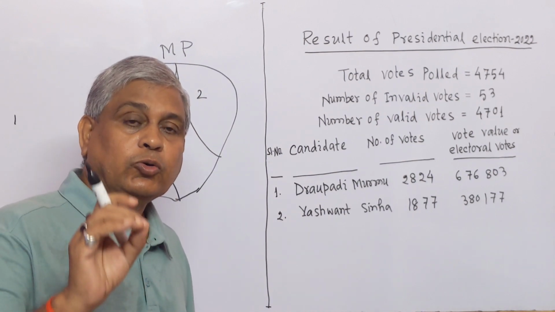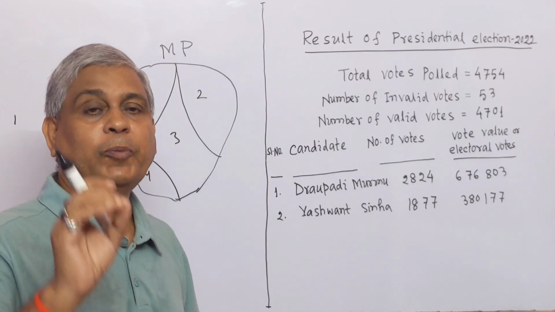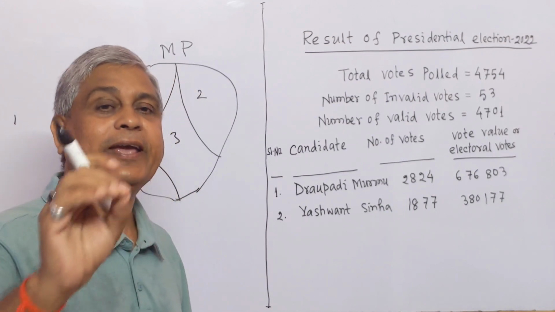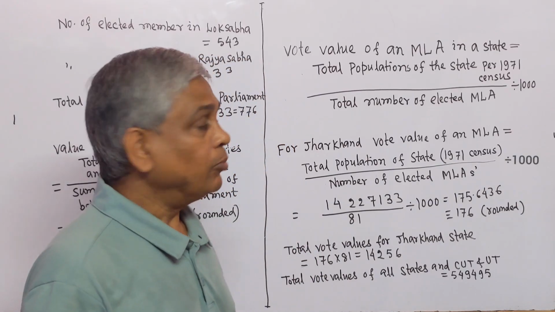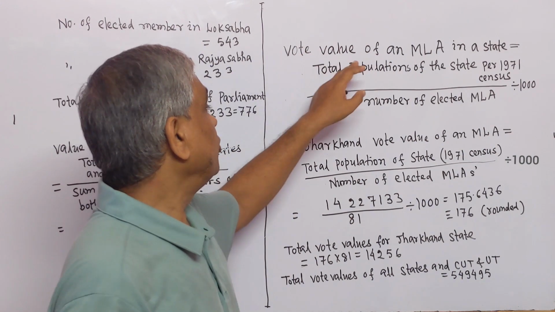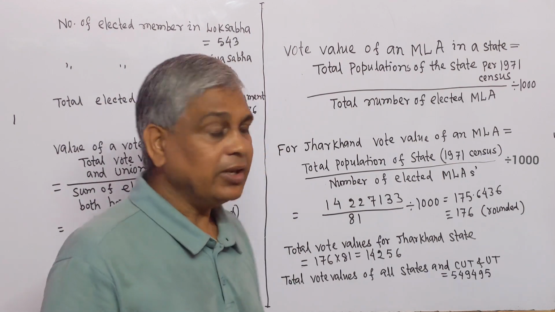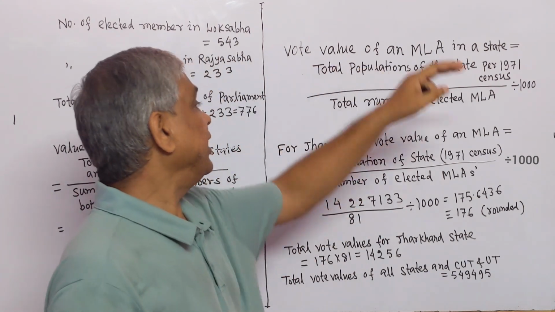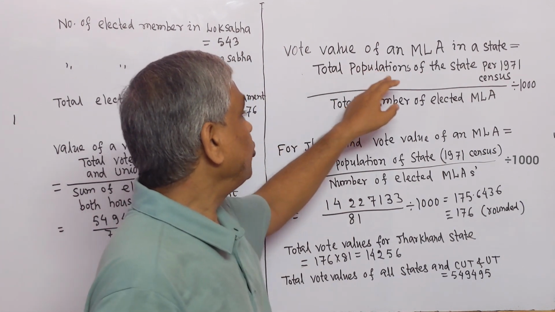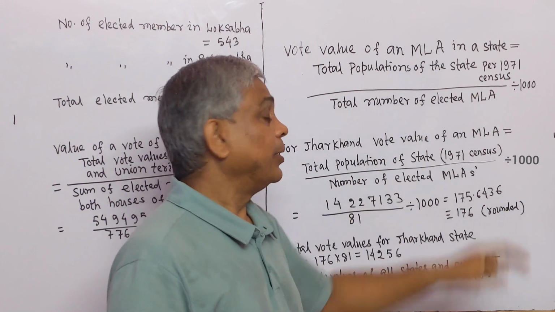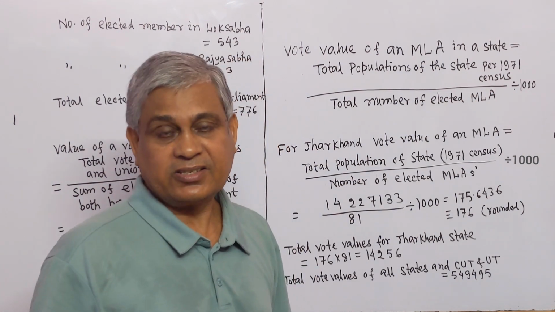Now we will try to know what is the vote value of an MLA and an MP. Now we find the formula for vote value of an MLA in a state. The formula is: vote value of an MLA in a state equals total population of the state as per 1971 census.